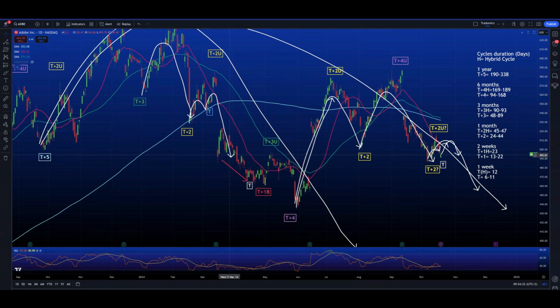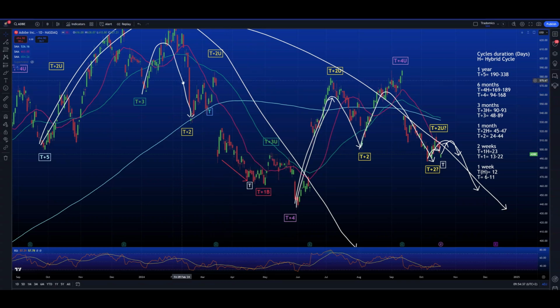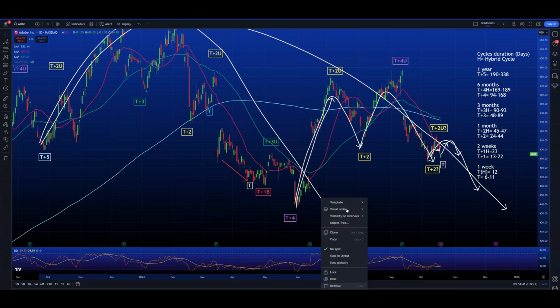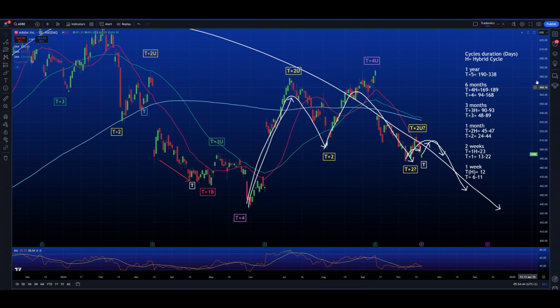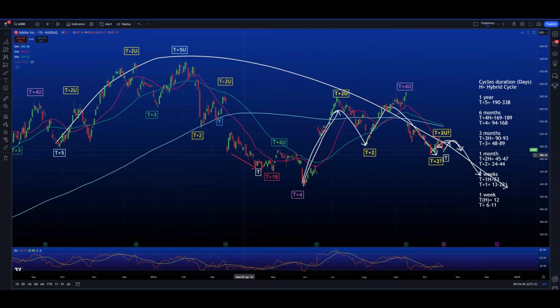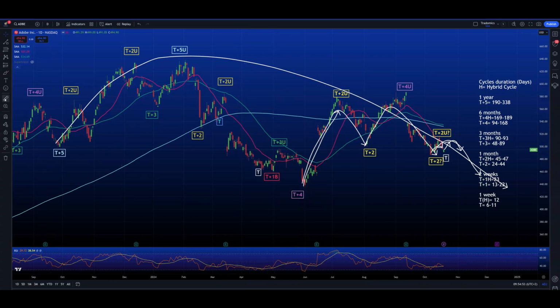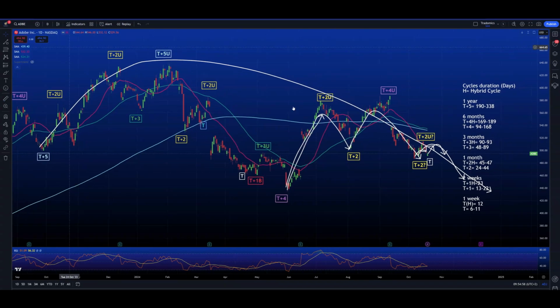I removed some arrows just to clean up the chart a little bit. So if we have a yearly downward cycle that turned into negative, now for the entire duration, which is up to 338 days, we will have to return into this area, slowly or quickly, depending on how HFT will work.